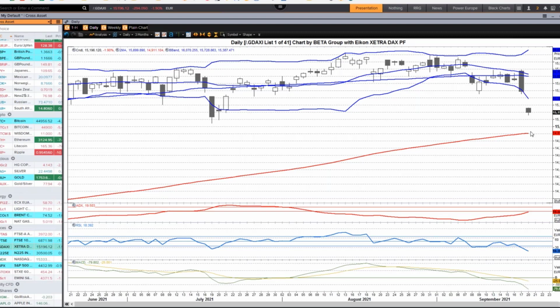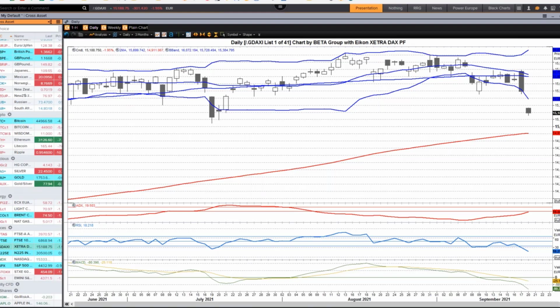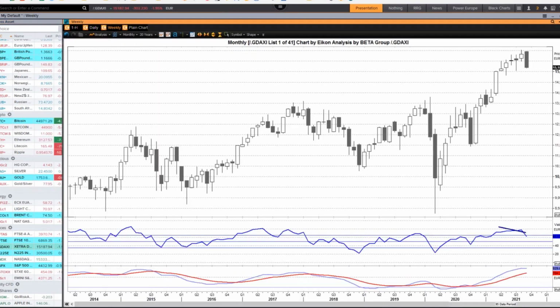But Germany has just gapped lower here, also looking like testing its July low. This was a bit of a bright spot really, but now all this area here from the second part of August till last week is now resistance, consolidation resistance here, and the chart has now deteriorated a lot. So look here, we've got this very big black candle here.